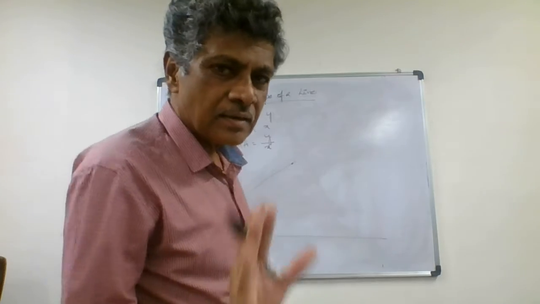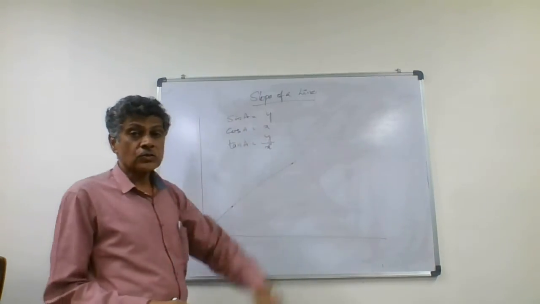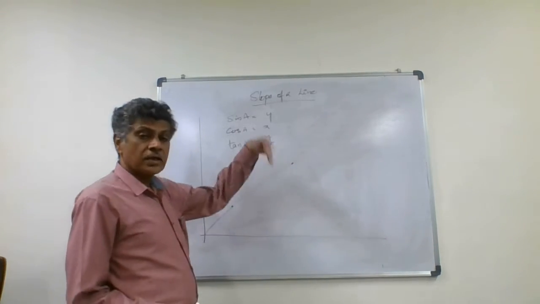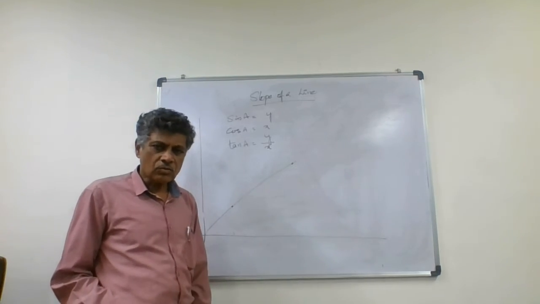Tan A is equal to y by x. These are the basic ratios of trigonometry, and their reciprocals become 3 more, a total of 6.